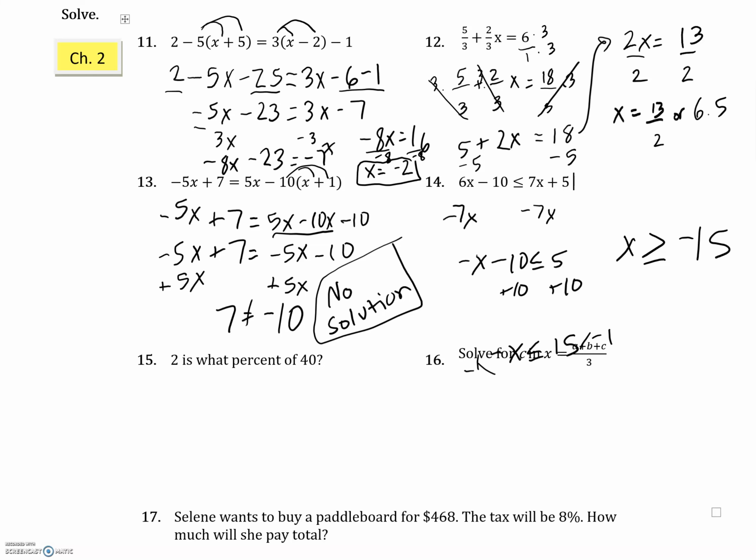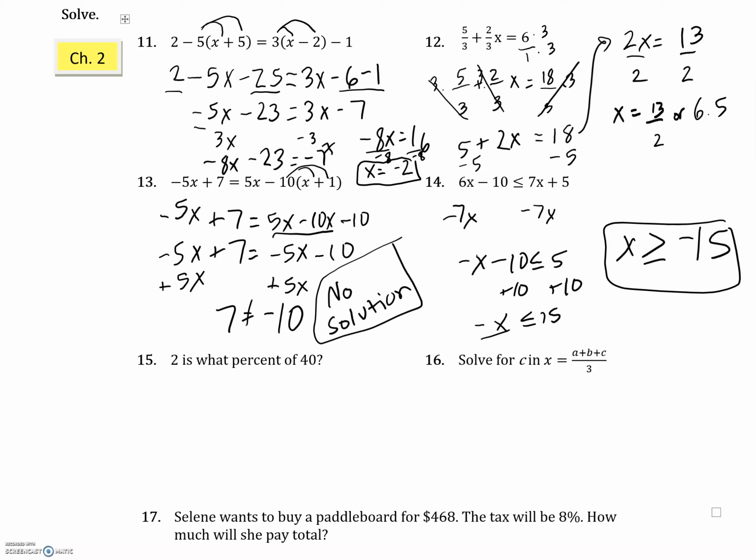So it's now greater than or equal to negative 15. That one. Here's what it was before. There you go.